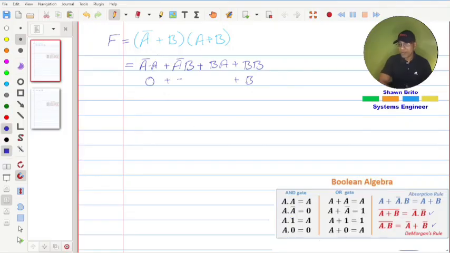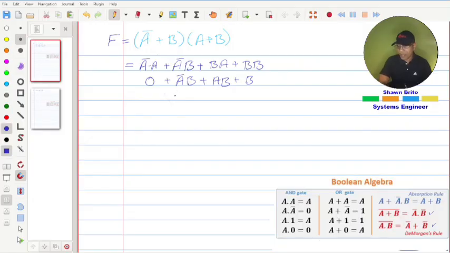A bar into B cannot be changed. Plus AB: BA is still AB, there is no difference in that.